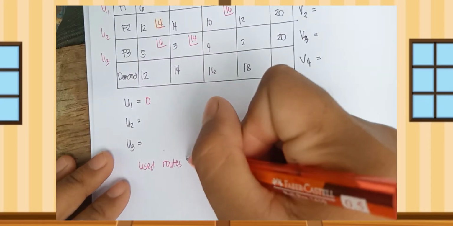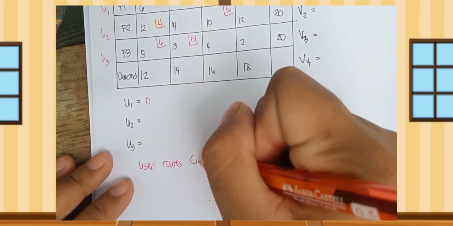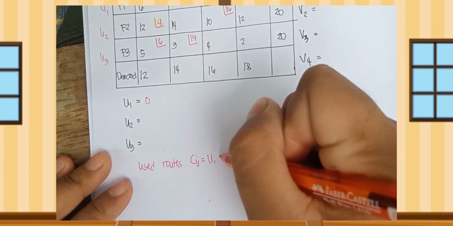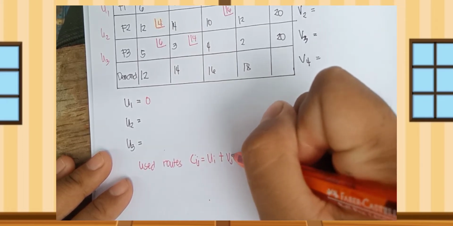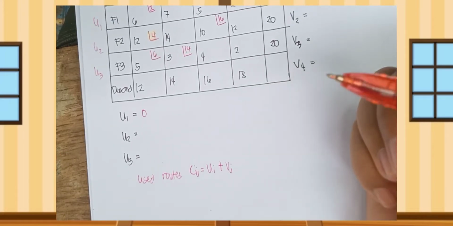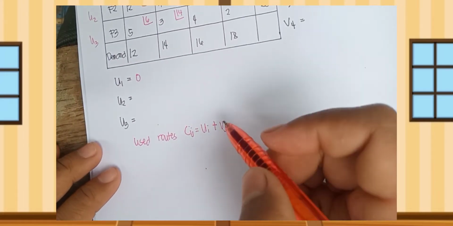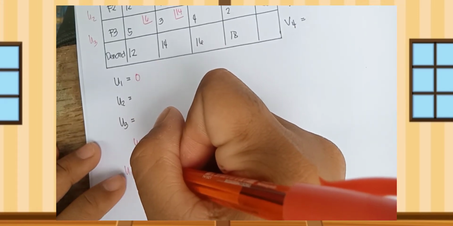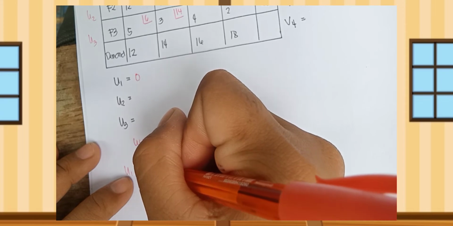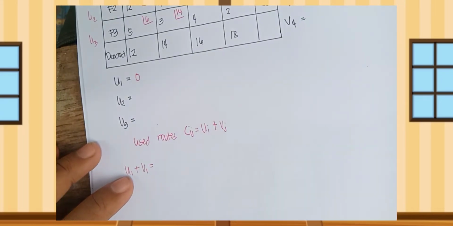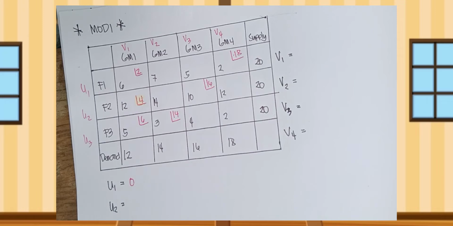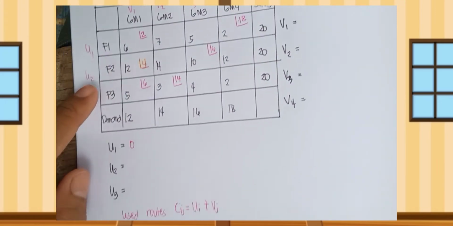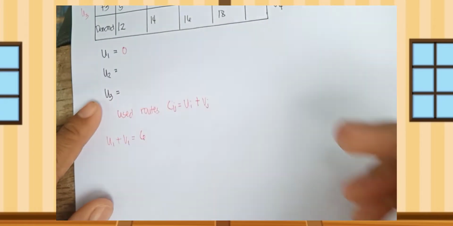So the formula is Cij is equals to Ui plus Vj. So we have U1 plus V1, because this is our occupied cell. So our Cij is 6, so we will put 6.